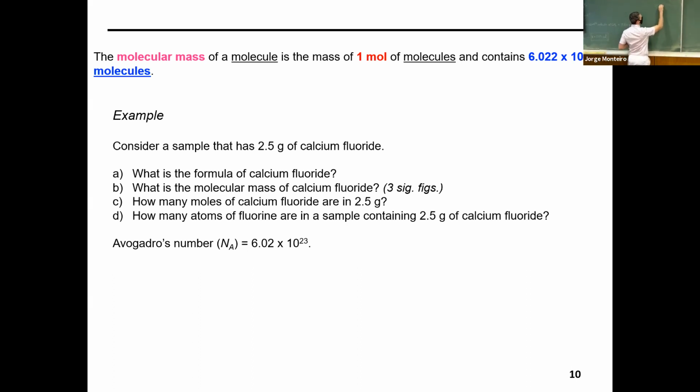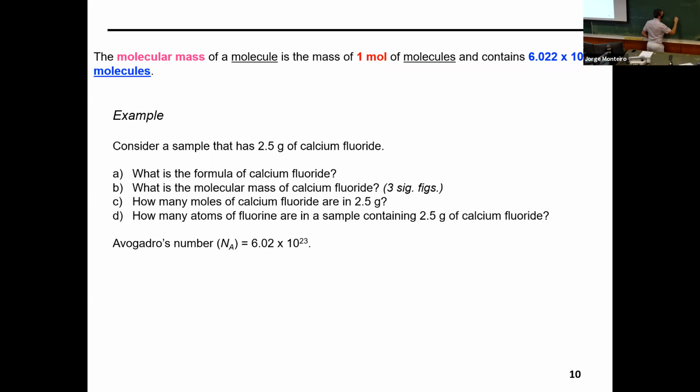We have 1 calcium and 2 fluoride ions in the formula. This whole thing is 1 molecule of calcium fluoride. Always pay attention to the coefficient.